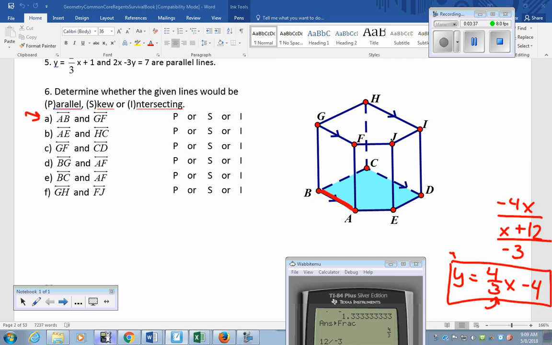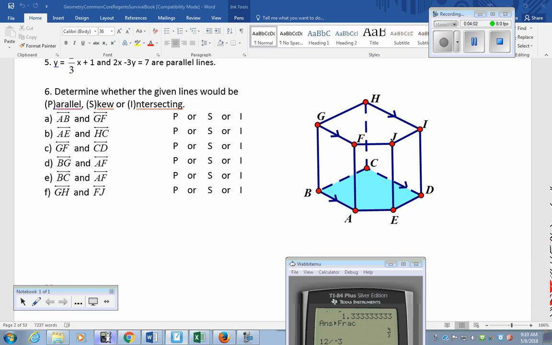So here's A, B. Here's G, F. See the little lines that represent parallel. And then you just want to circle which one you believe it is. Remember, skew lines go in different directions and don't touch, and intersecting lines go in different directions but do touch. So make sure you circle each one of those correctly, and then check your answers over.